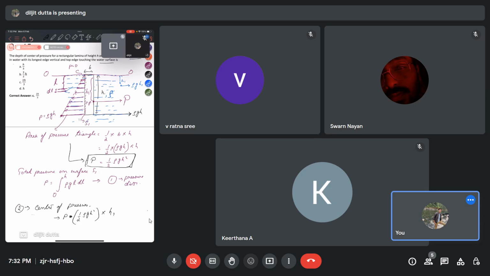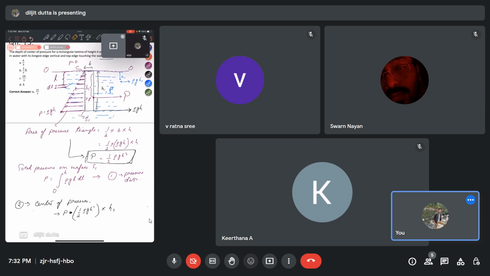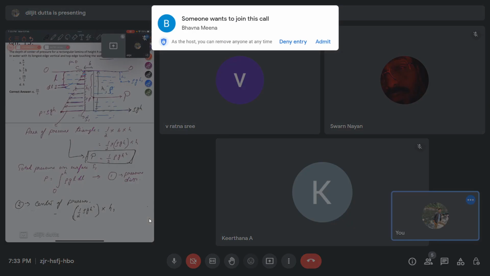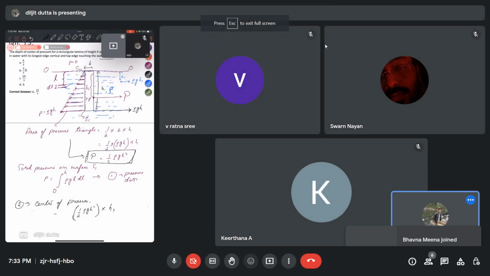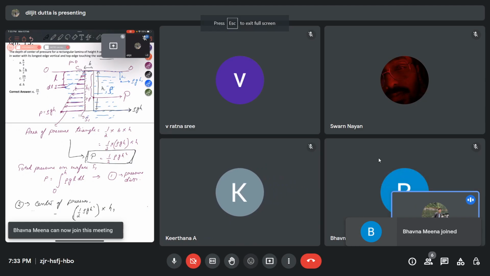This total pressure, half rho g H square, will be acting at the centroid of the triangle, right? So the centroid we take as the center of pressure.